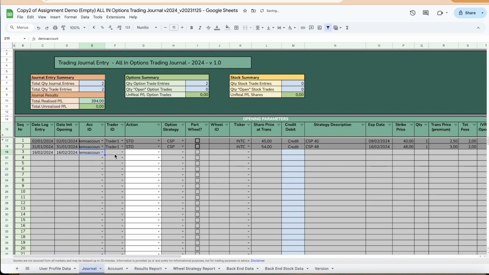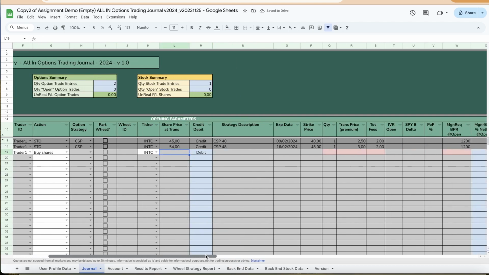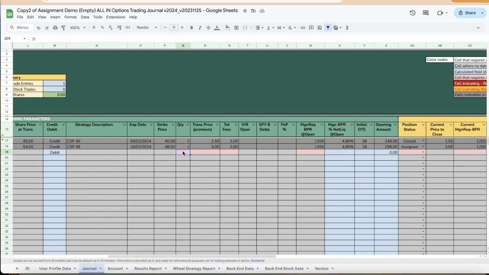I am still trading in my demo account with trader 1, and here I select buy shares. I have to select here the ticker, INTC, and I have to enter how many shares I bought, 100 shares. And the transaction price is, of course, not the share price as it was at that moment in time, but actually my strike price.